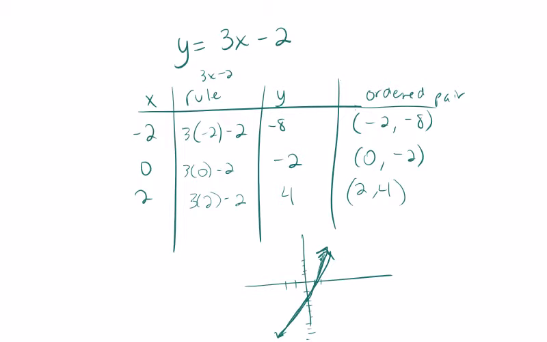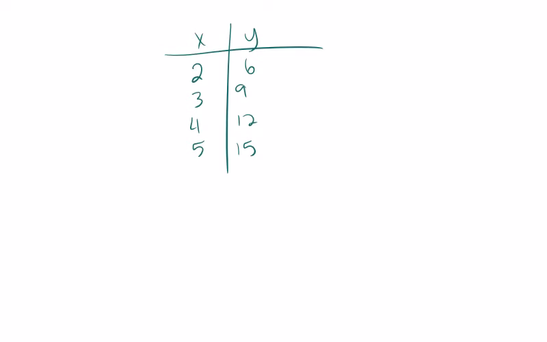One of the sections is about describing the sequence, which means finding the pattern, and that's pretty easy. Are you multiplying or are you adding to get to the next number? So if I had a set of x, y values, what am I doing to get from x to y?